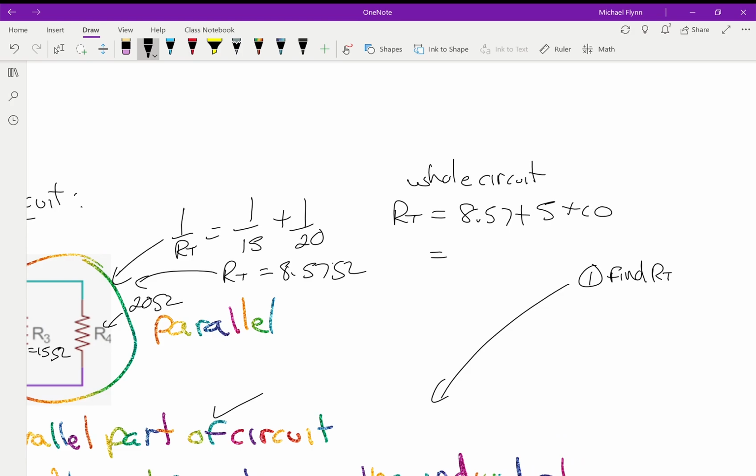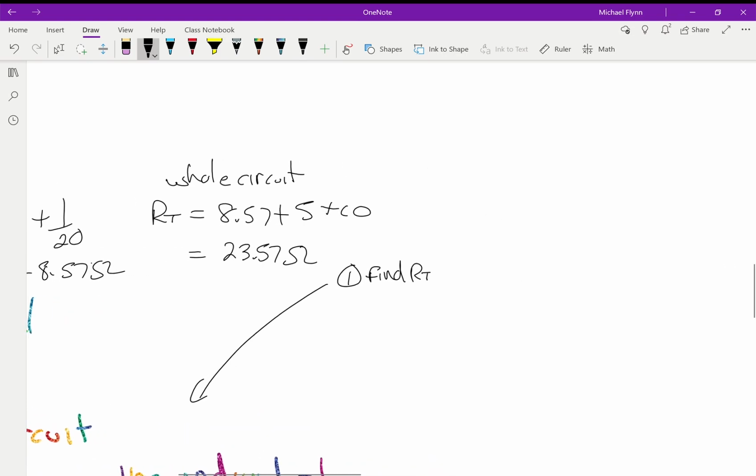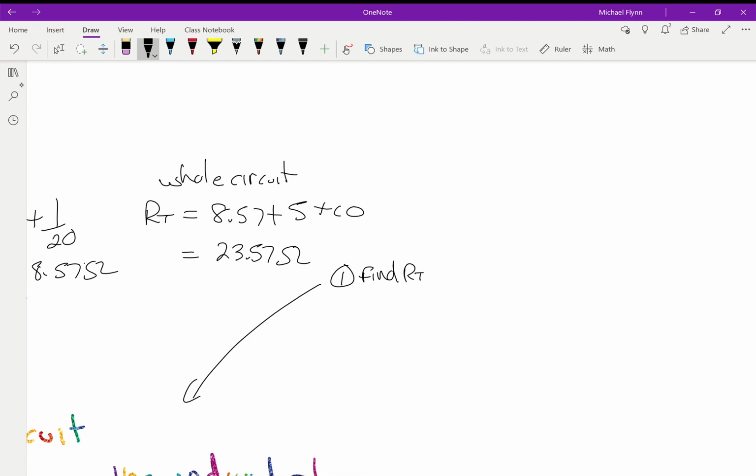So 8.57 plus 15 basically, and I get 23.57. I'm going to store that number in memory. That is the total resistance. So to solve the question, I found the total resistance and I got 23.57 ohms.